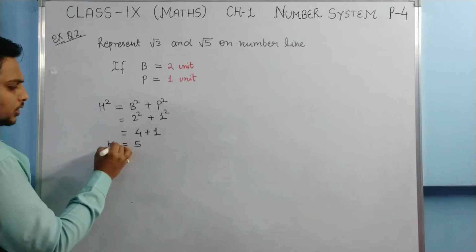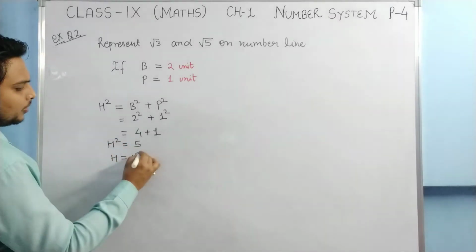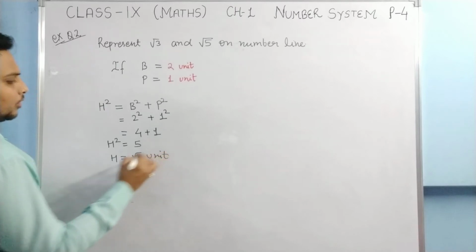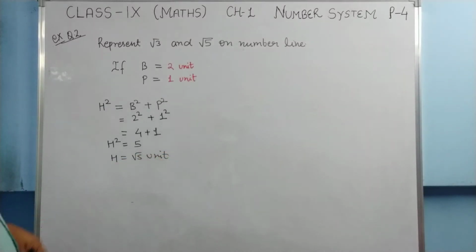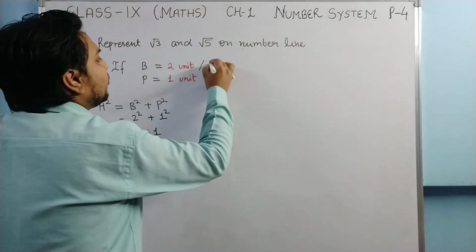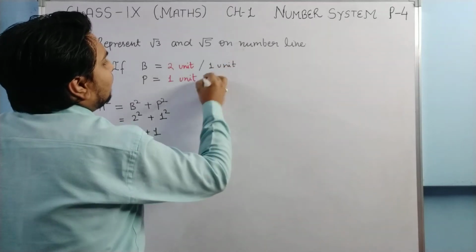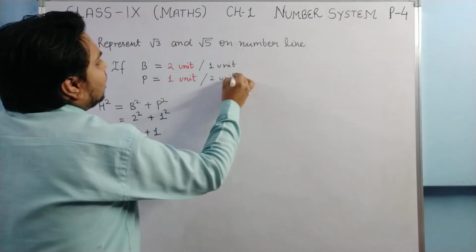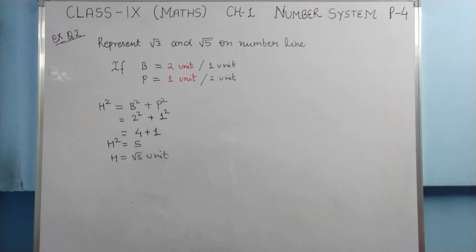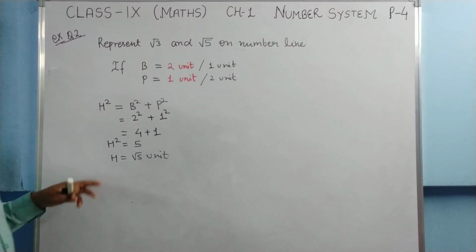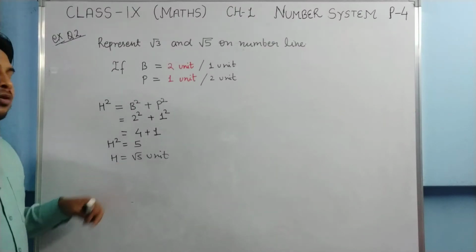So hypotenuse square is equal to 5, so hypotenuse will be root 5 units. Another option is there: you can take base as 1 unit and perpendicular as 2 units. Then also it will follow this theorem, and the hypotenuse will come as root 5 units.